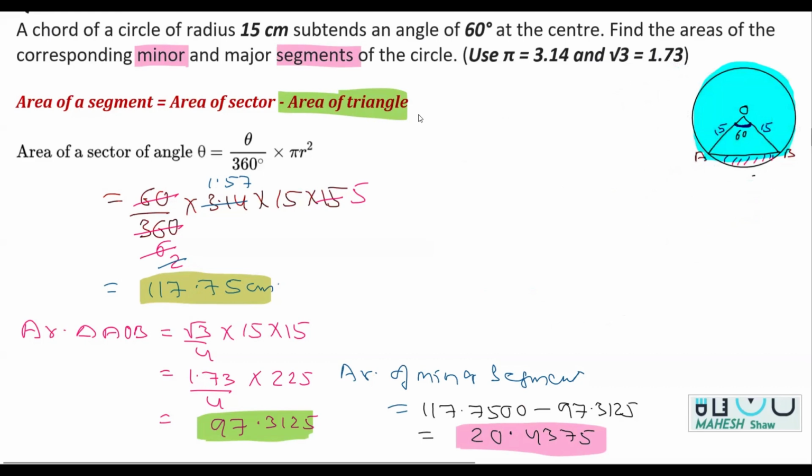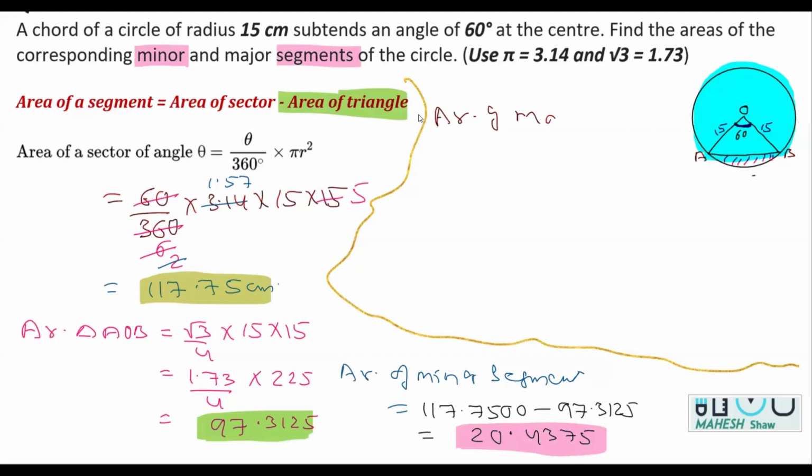So I'll do it here. The area of the major segment will be the area of the circle minus the area of the minor segment.